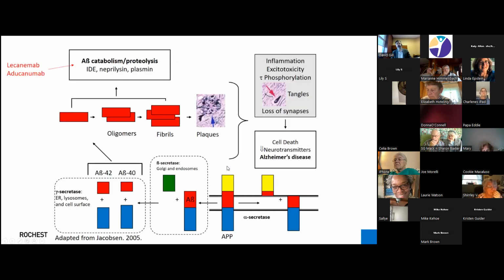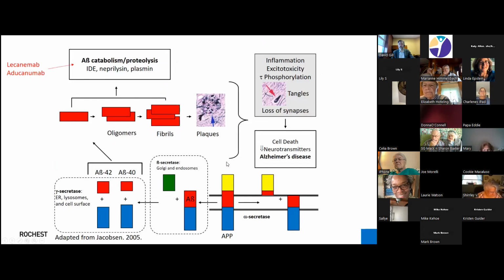So that's what this very complicated next slide is. And I want to walk through it because it really helps understand the cause of Alzheimer's disease. So if I start way over here in the bottom right, this is the surface of our brain cell. This is actually the membrane, the surface of the brain cell. This APP is an amyloid precursor protein.